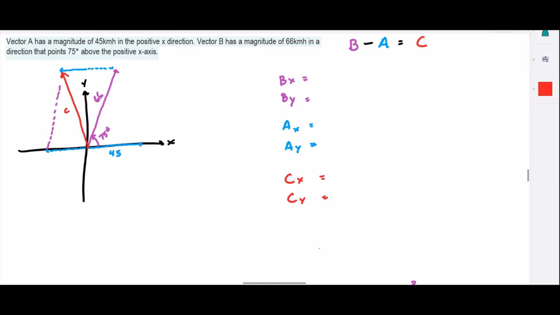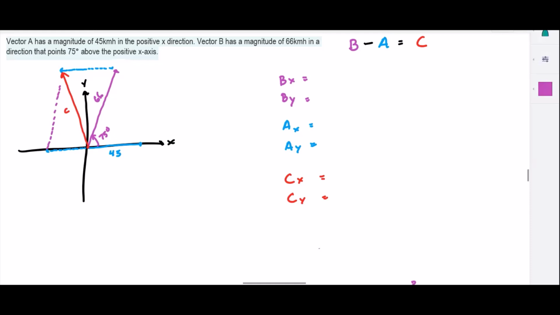And so now I know that C is in quadrant 2. That's helpful. But let's go ahead and find what the actual magnitude is. It looks like the magnitude is going to be close to 66, just by eyeballing it here. And it's in quadrant 2, so it's going to be between 90 and 180 degrees. It's closer to 90, so we have that. We can use that information to check ourselves as we go.